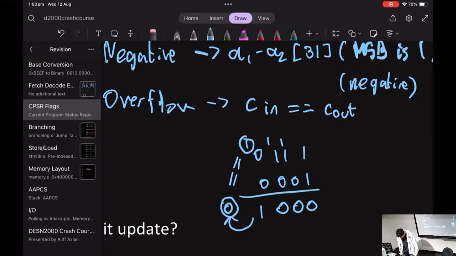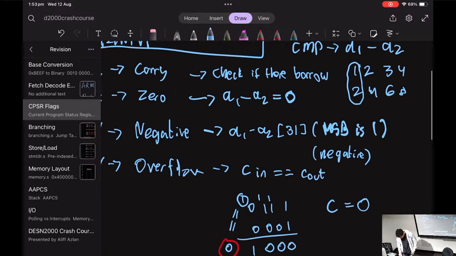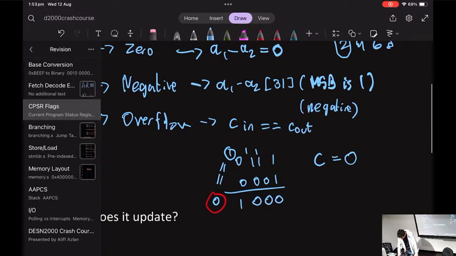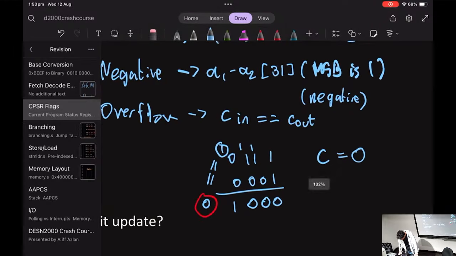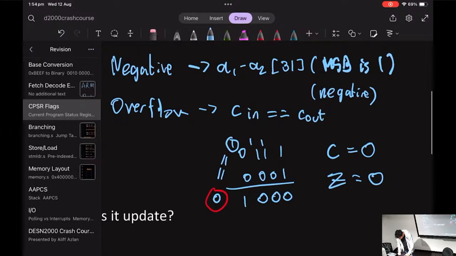So in this case, the carry bit here is 0, right? So we would have C equals 0. Now, the Z flag checks if all the bits are 0. As you can see, this obviously isn't all 0, so the zero flag is 0.